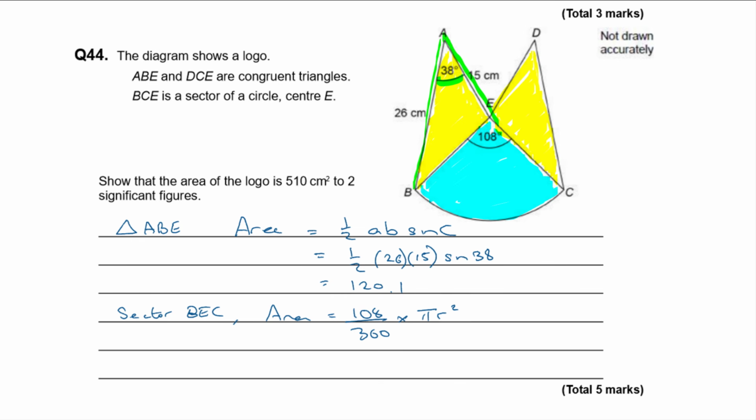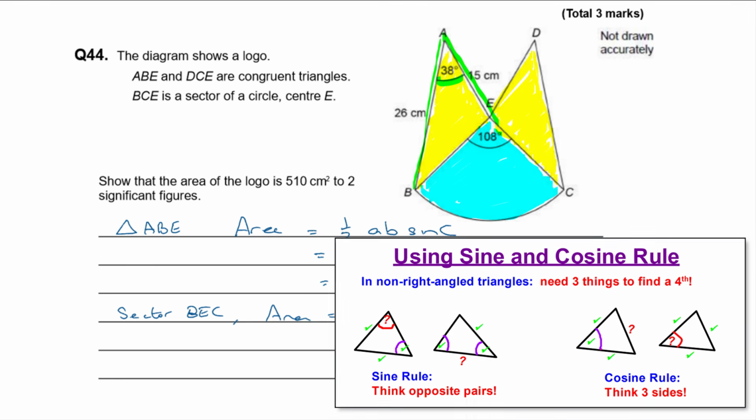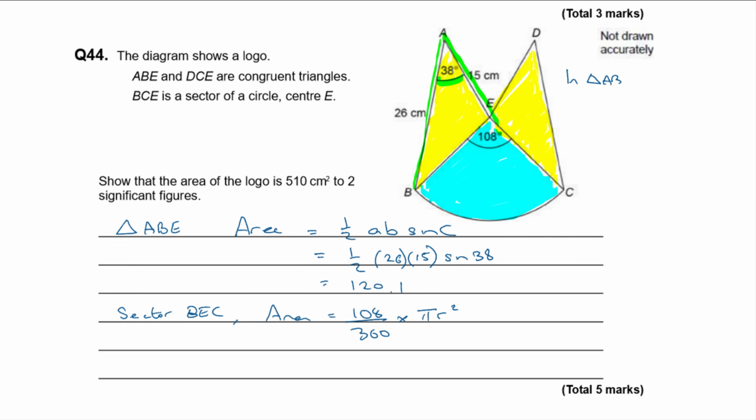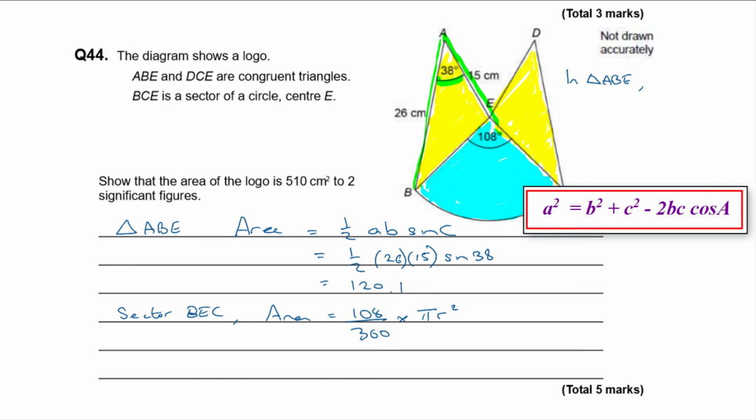So it looks like we're going back to the triangle ABE, and we're going to be using the cosine rule to find the third side given the other two and the angle, aren't we? In triangle ABE, if that's angle A up there, then this is side a down here. If that's angle E, then this is side e, and if that's angle B, this is side b.